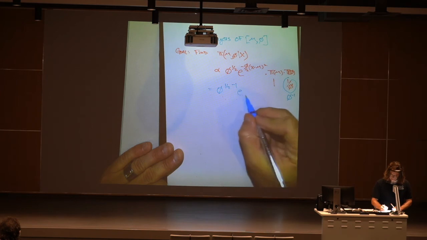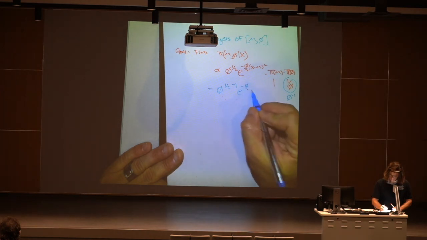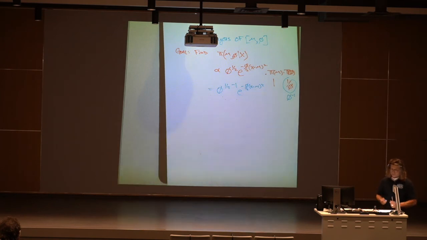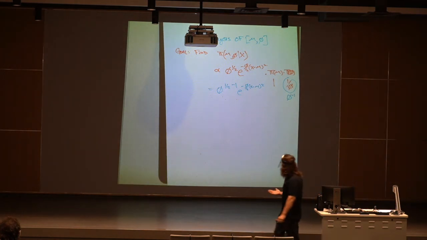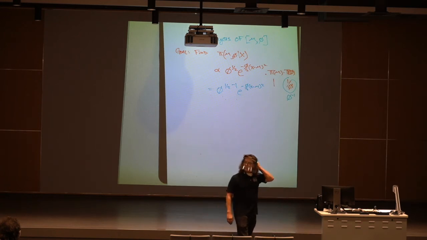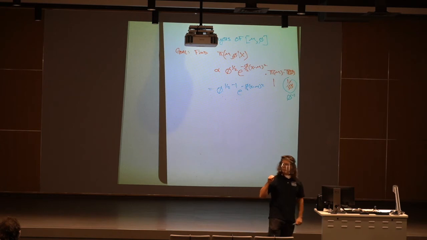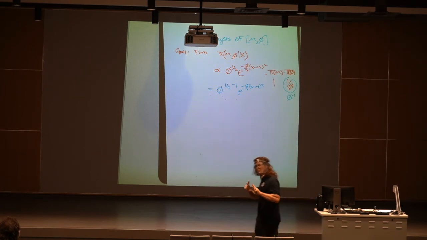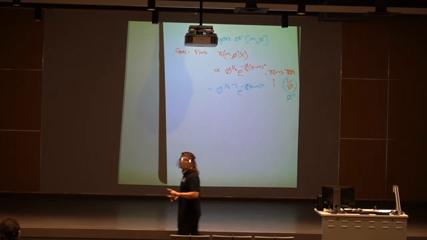Same thing, e to the minus phi over 2, (x minus mu) squared. So this would be my posterior distribution. What do you think of it? Looks pretty good, right? So that's a joint distribution over mu and phi.